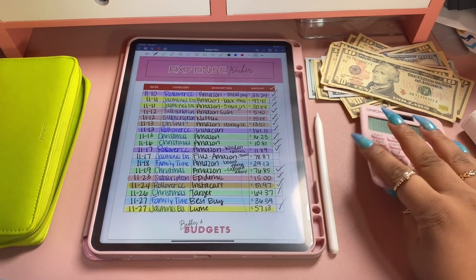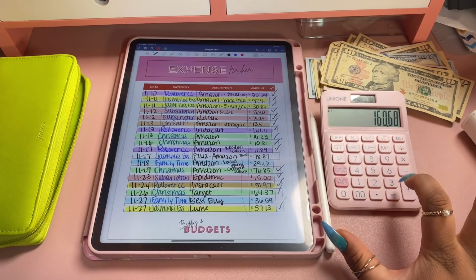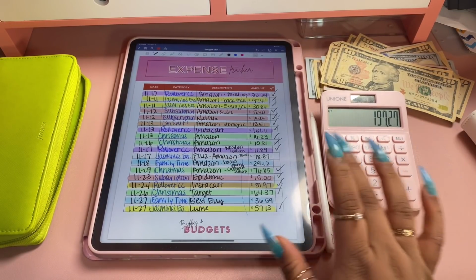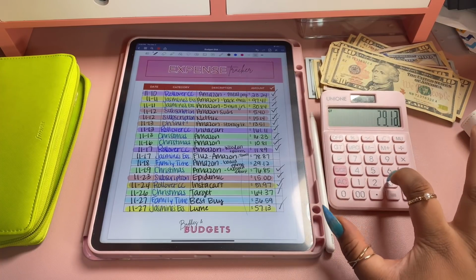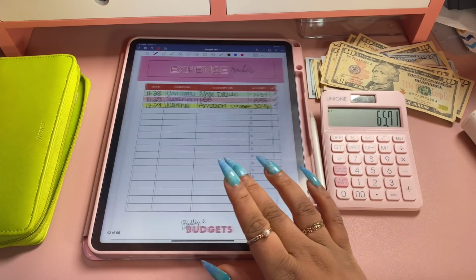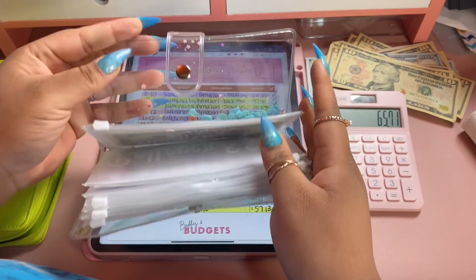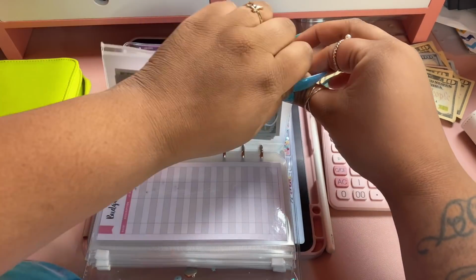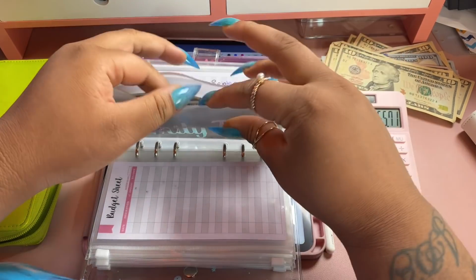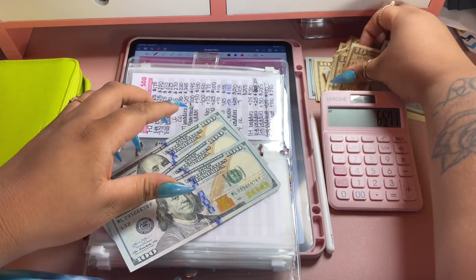Move on next to family time. Family time will be getting $29.12 plus $36.59. So that's $65 out of family time. So we only have 100.